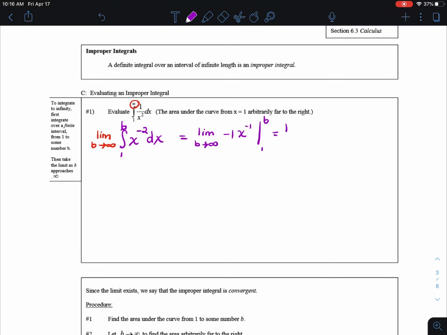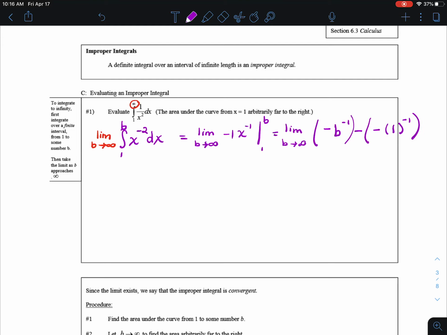Okay, now let's keep going with this. Keep the limit notation for now. And let's go ahead, just like we normally do, and plug the b in for the x minus, be careful with this, plug 1 in for the x. So there's a lot of negatives in this.